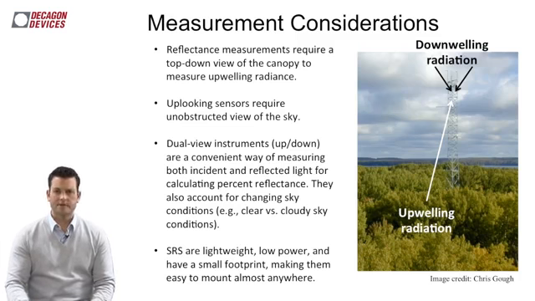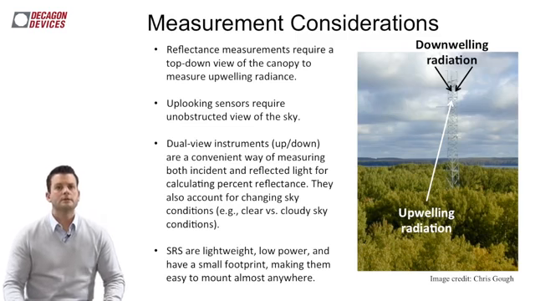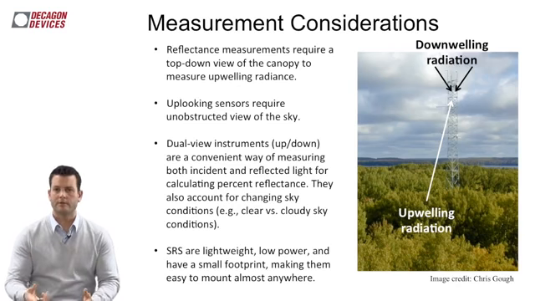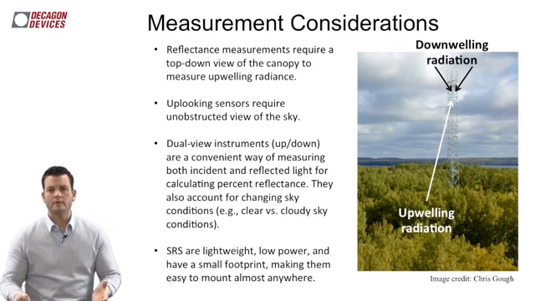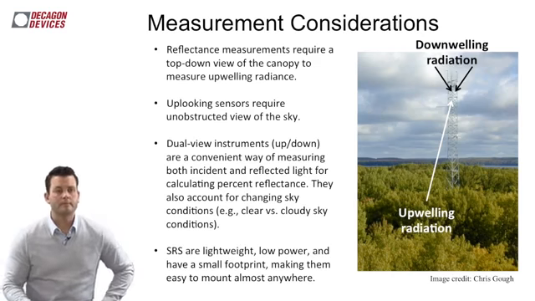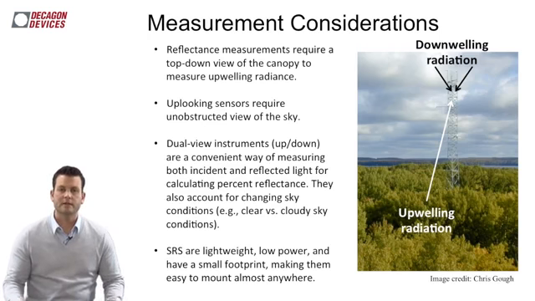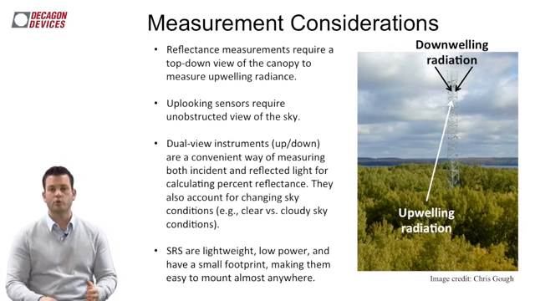But if your canopy is not as tall, for example, a wheat crop, you don't have to worry about erecting a tower. Maybe you just go out with a fence post or a sturdy tripod and mount the sensor on that. Either way, we need to be above the canopy. Now, it's pretty typical when making long-term measurements of spectral reflectance, it's really nice to have dual view instruments.